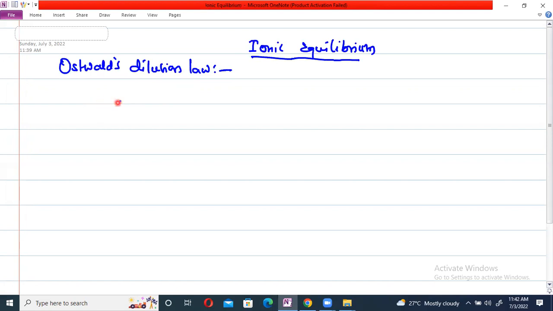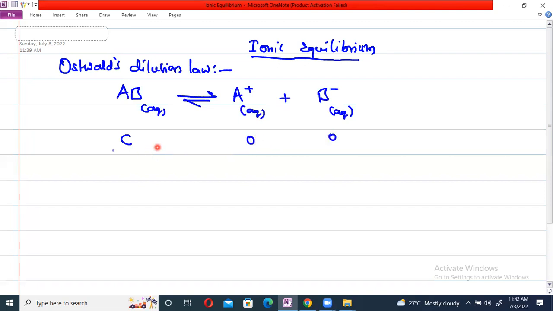Let us say I am having one soluble salt like AB in aqueous medium. It is having a cation and an anion. Let us say the initial concentration of this one is C, and here it becomes 0 and 0.